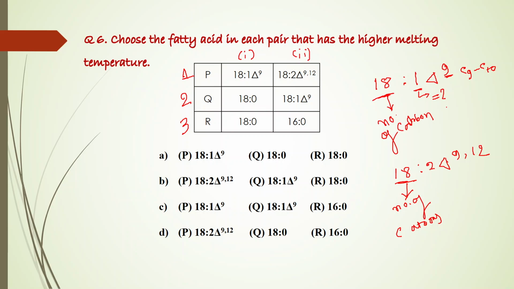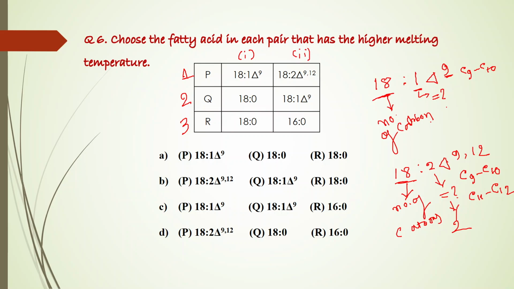How many double bonds are there? From this number we can tell there are 2 double bonds. And what is their position? 9 and 12. That means one of the double bonds is present between C9 and C10, and another one is between C11 and C12.